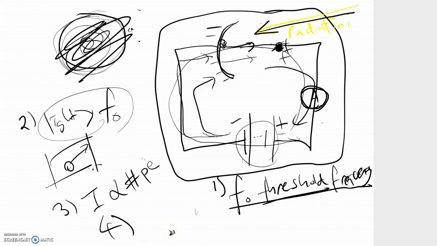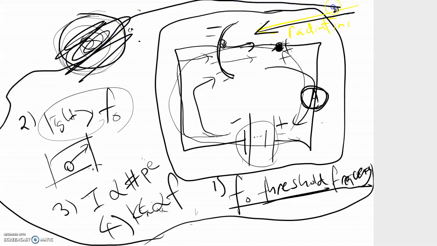And the fourth thing, the last thing, is that if the frequency is greater than the threshold frequency, then the maximum kinetic energy of the electron depended on the frequency. That's it.